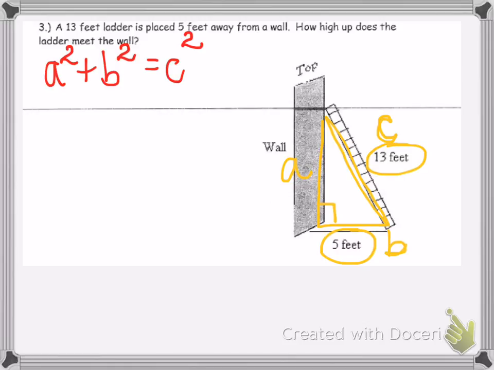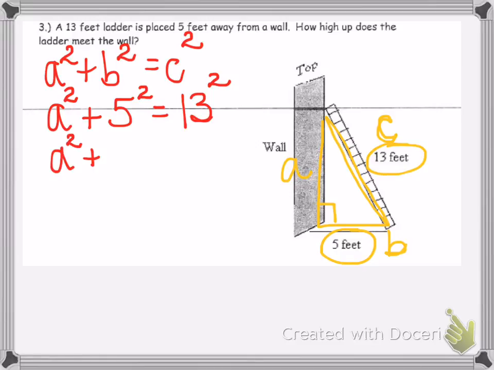I know the length of b, I don't know the length of a, so I'm going to leave a squared as a variable squared. b is 5. c, the length of the ladder, is 13, so we're going to square that as well. That's going to give me a squared plus 25 equals 169.